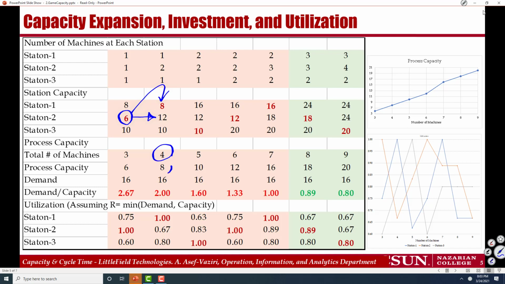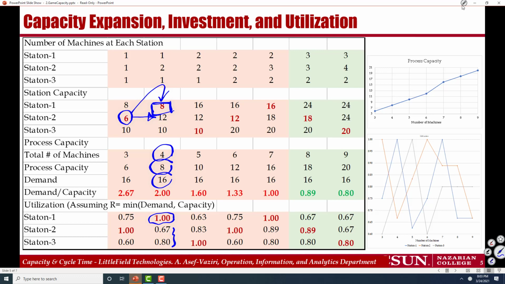Capacity of the process is 8. Demand is still higher than capacity. If we produce at capacity, then utilization of station 1 is 1. Utilization of station 2 and 3 are 0.67 and 0.8.